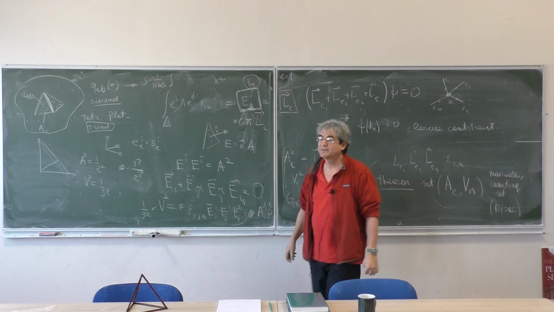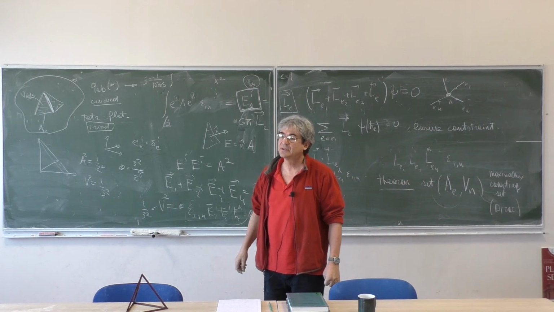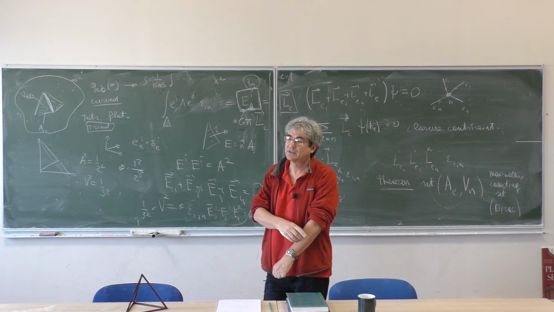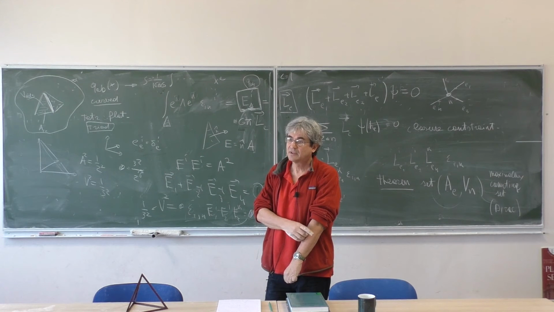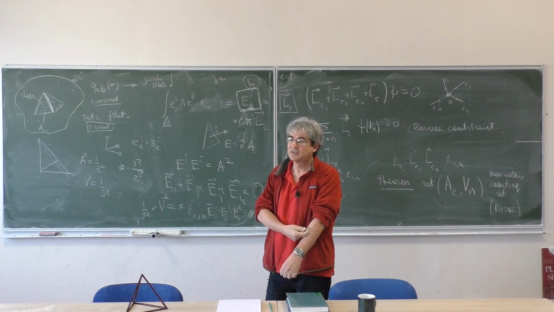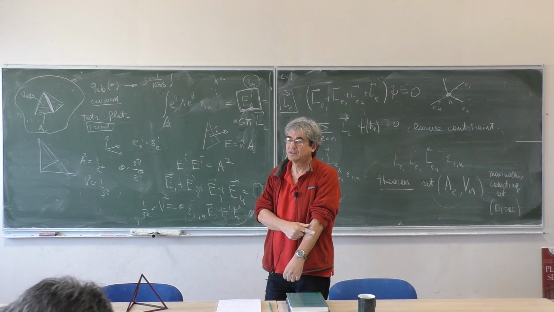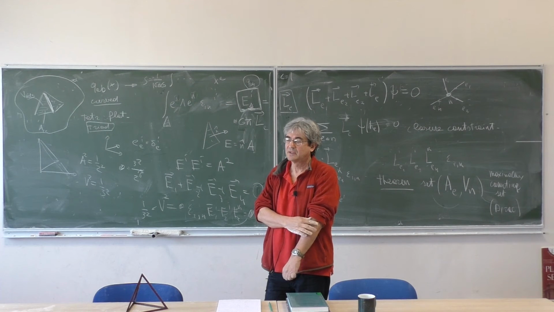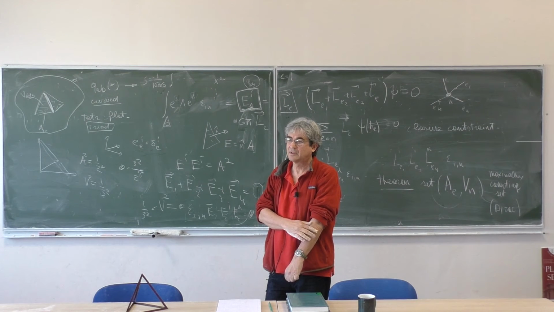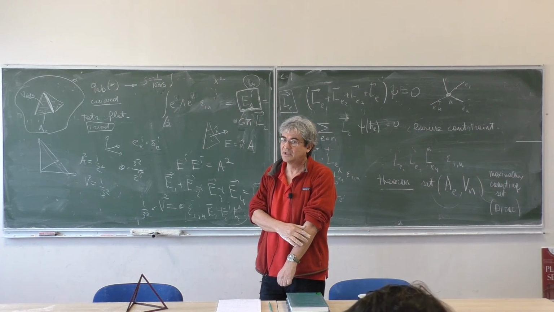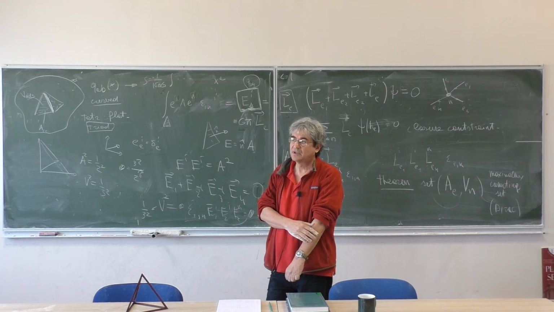Yes, Pierre? So you were saying that the areas and the volumes formed maximally convoluting sets. I was wondering if one could imagine an operator for the combinatorial aspects of the graph.